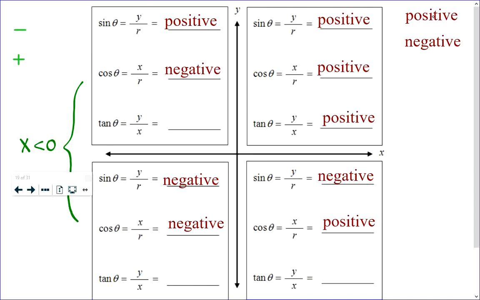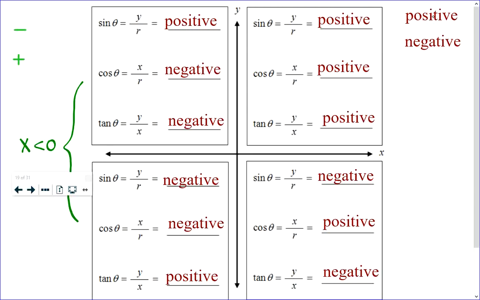Tangent's a little more tricky. Tangent will be positive in quadrant 3 because in quadrant 3, both x and y are negative, and tangent is y over x. Whereas in quadrant 2 and in quadrant 4, one of x and y is positive and the other is negative.